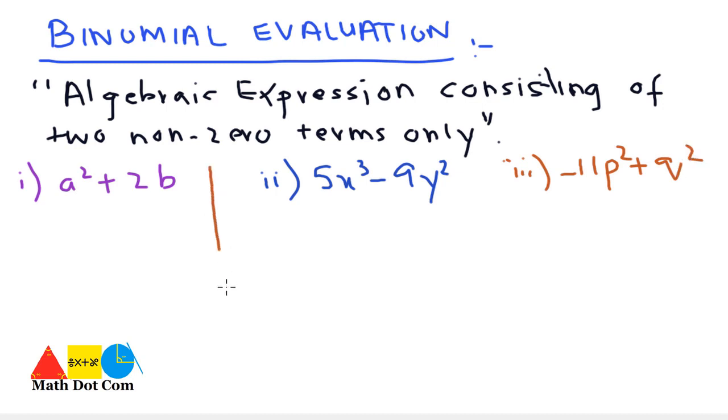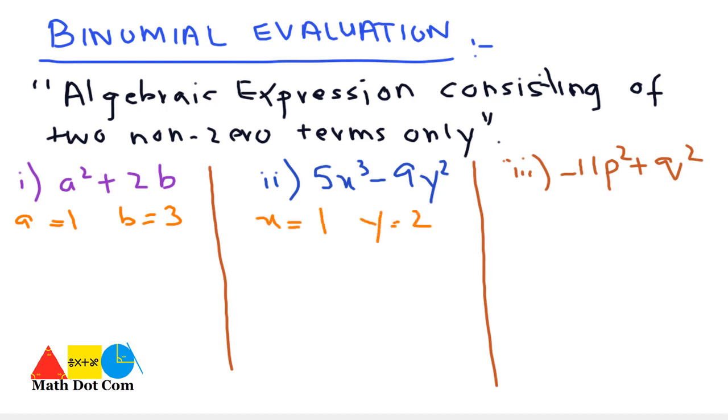So let's solve them one by one for the purpose of evaluation. We can write here a is equal to 1 and b is equal to 3, for x is equal to 1 and y is equal to 2, and for p is equal to 0 and q is equal to 2. So these are the values of the variables that we have to substitute in the binomial expression.